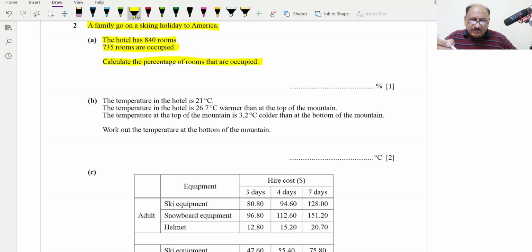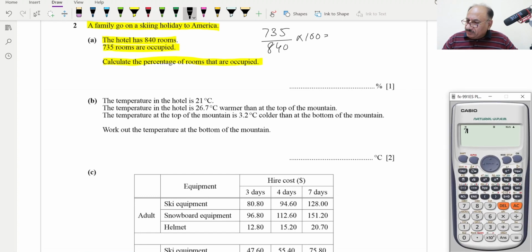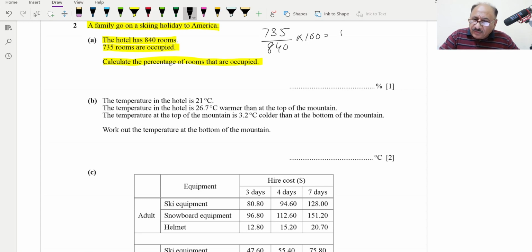So 735 are occupied, so we can write 735 out of 840, and for percentage we will multiply by 100. So 735 over 840 multiplied by 100 will give us 87.5%.